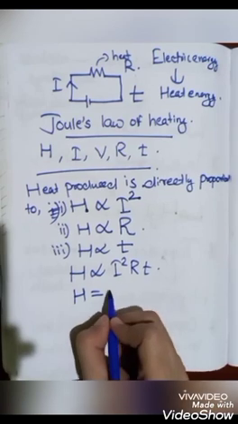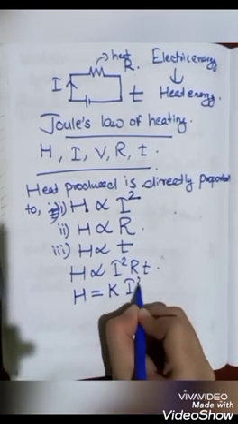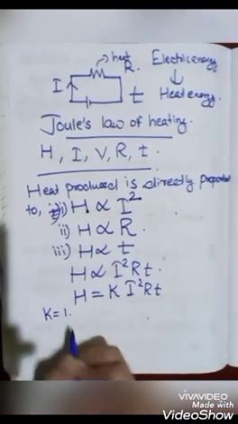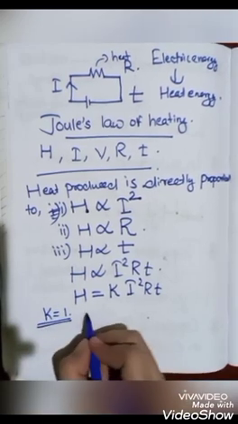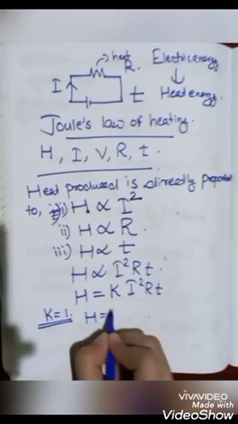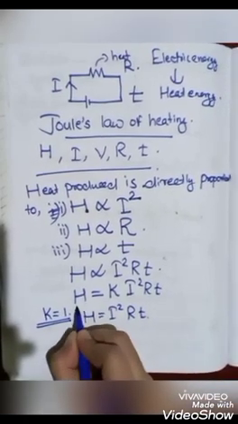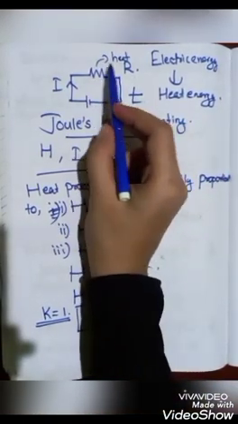Let the constant here be K, K into I square RT. Here K is equal to 1, then H is equal to I square R into T. This is the equation for the heat produced in a resistor.